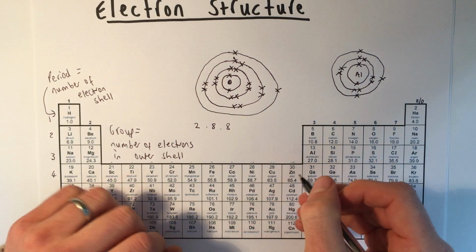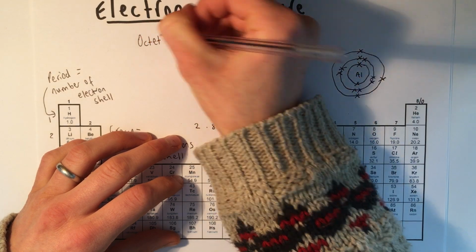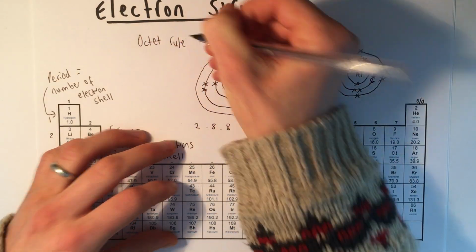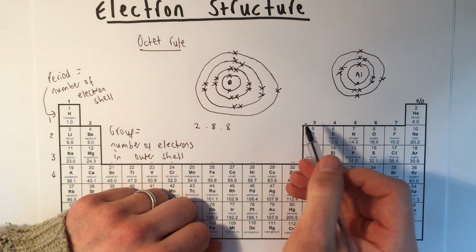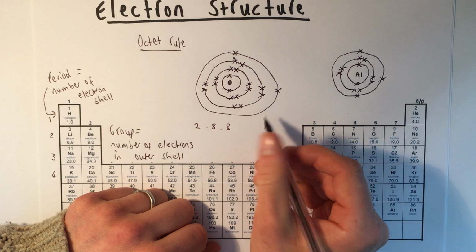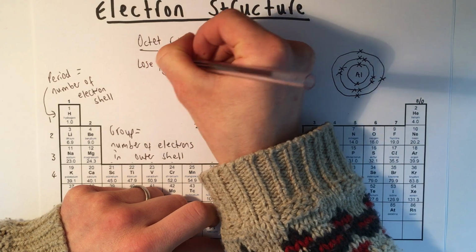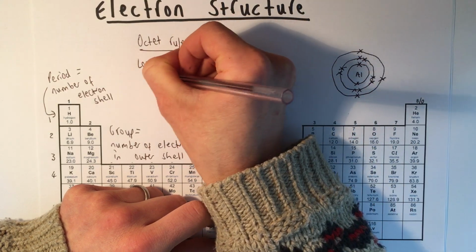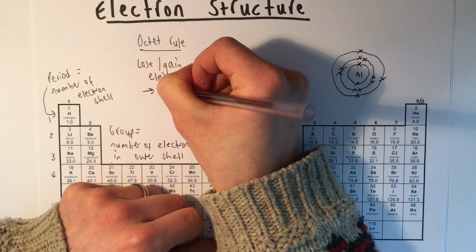Last thing is something called the octet rule. The reason why this is important is because to be stable, atoms want to have a full outer shell. So they will react to have a full outer shell, which means they will lose or gain electrons in order to get a full outer shell.